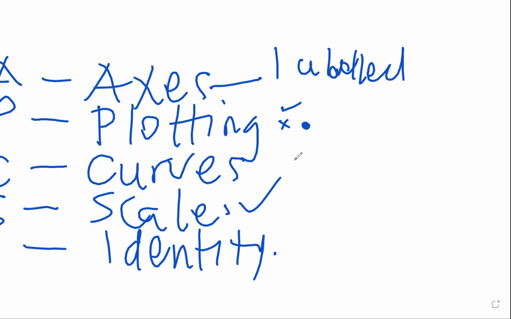By scale, we mean that the 10 squares within your graph, what do they present? One small square within this particular graph paper, what does it present?